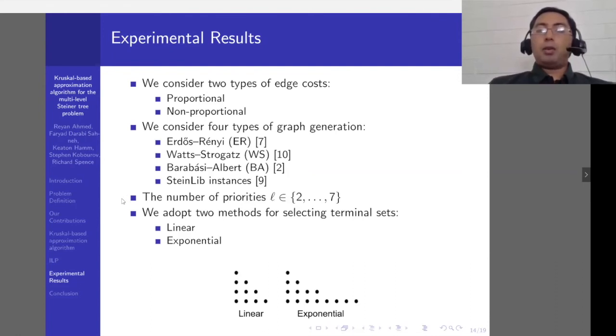The number of priorities L varies from 2 to 7. We adopt 2 methods for selecting terminal sets, linear and exponential. In the linear method, as we go from top to bottom, the number of terminals increases linearly. And in the exponential method, as we go from top to bottom, the number of terminals increases exponentially.